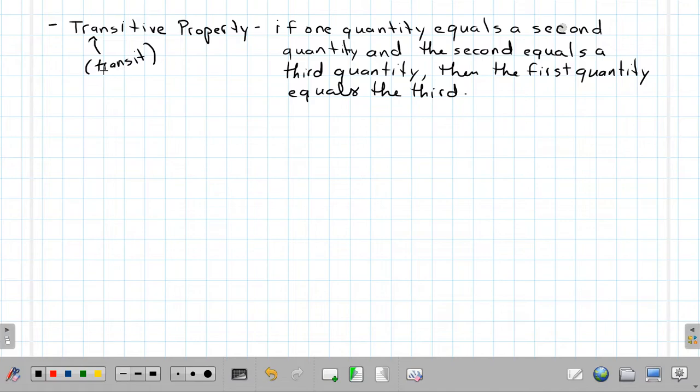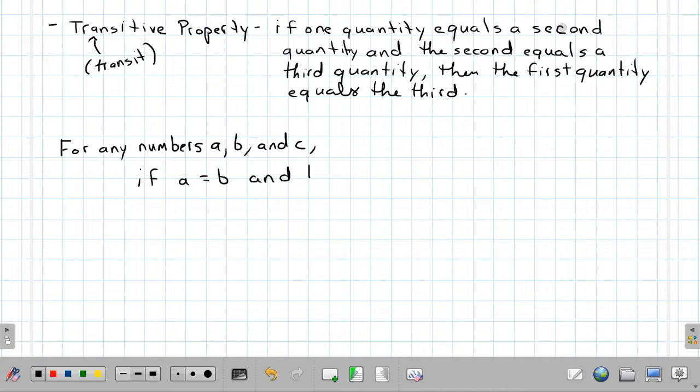When we look at the symbol version, for any numbers A, B, and C, if A is equal to B and B is equal to C, then A has to be equal to C.